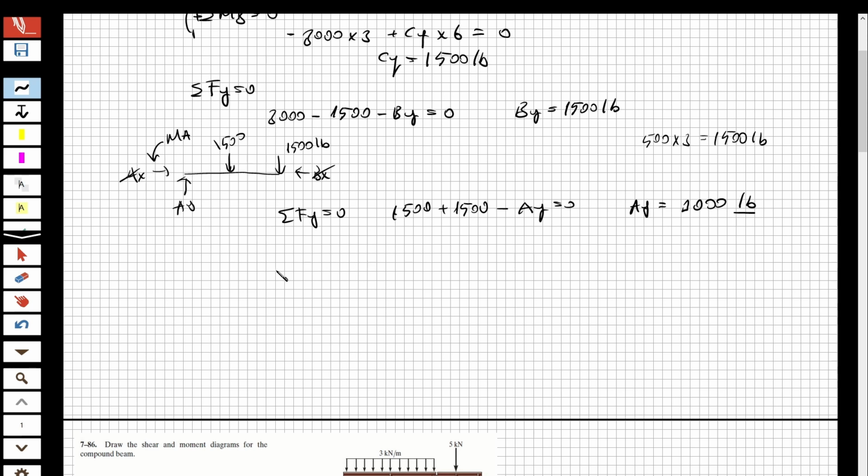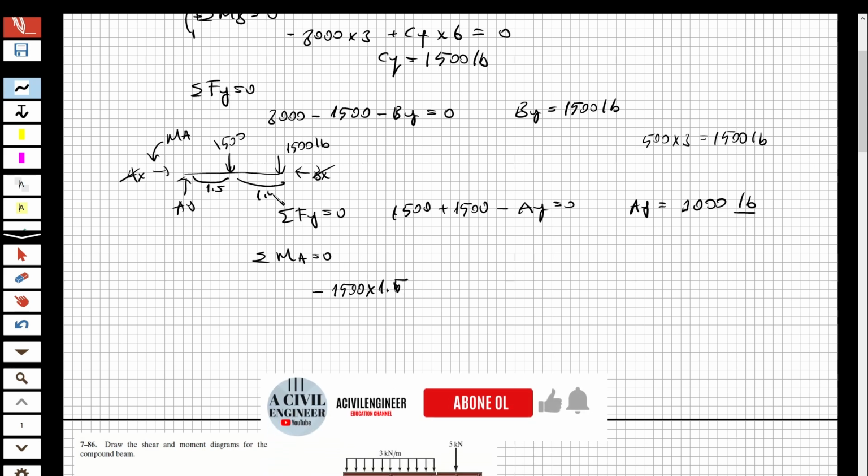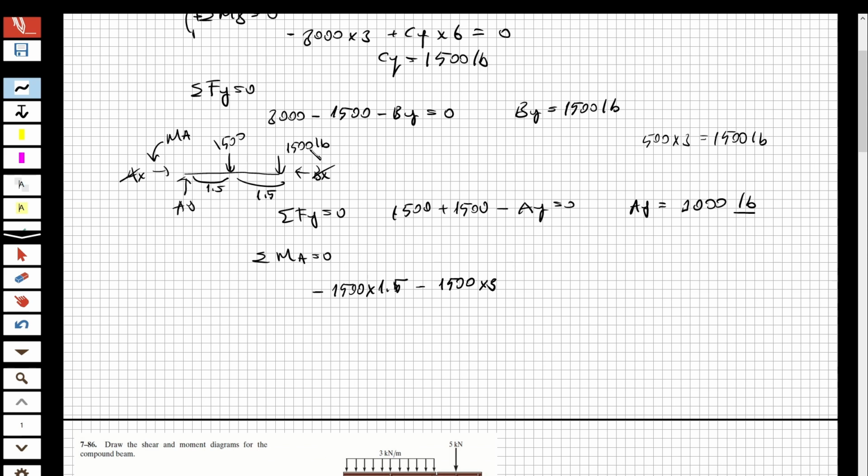Now we obtained Ay, so let's also find the moment at A. Total moment at A is equal to 0, and this is going to be minus 1,500 multiplied by 1.5. I'm going to show you where is 1.5. This is 1.5 and this is 1.5. And minus 1,500 multiplied by 3, this force, and plus MA equal to 0.